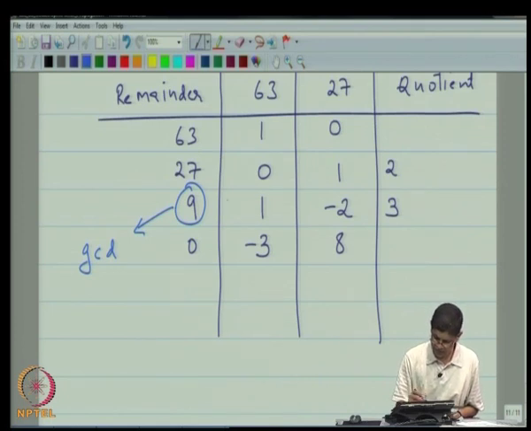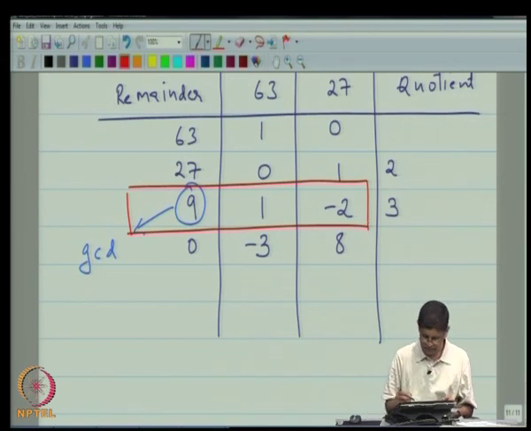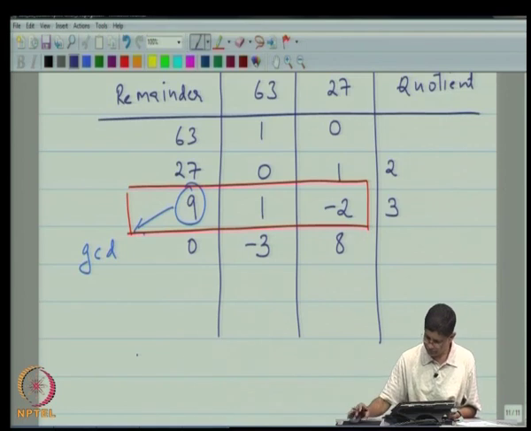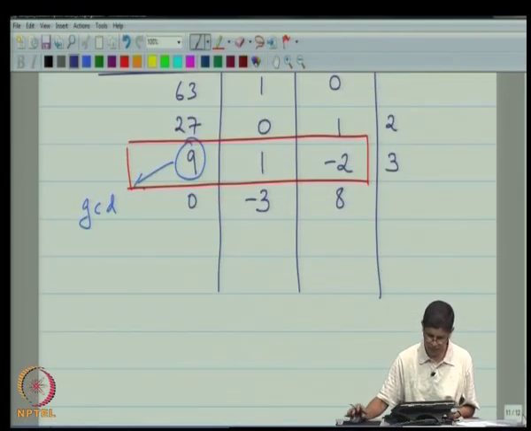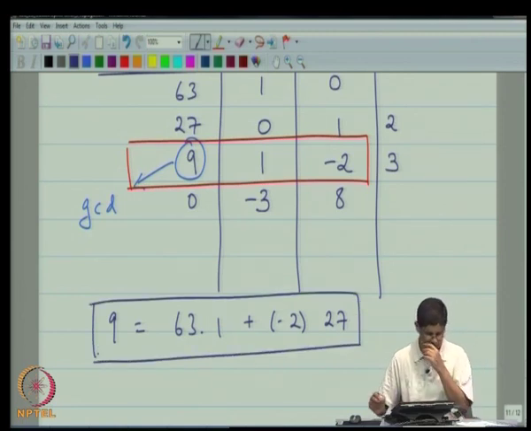What the table does provide is this extra row that you see over here, and what this row tells you is that 9 is equal to 63 times 1 plus minus 2 into 27, and it turns out that this expression will prove useful for us.